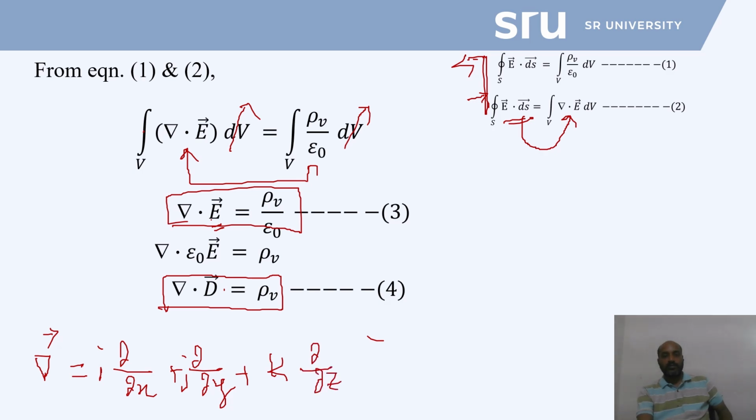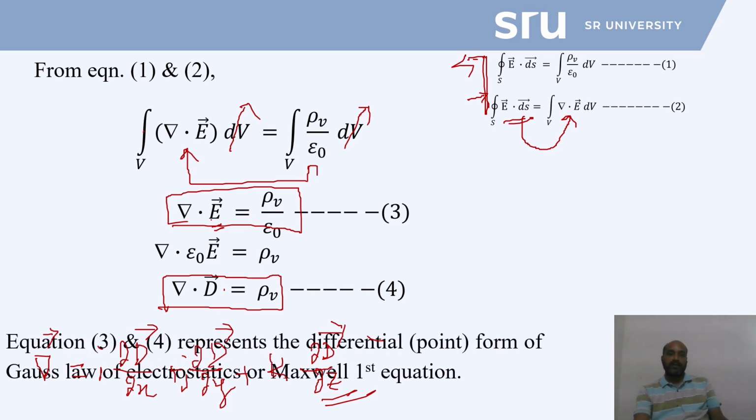If it is with a dot product, then dou Dx by dou x, dou Dy by dou y, dou Dz by dou z. So here is the differential form. So we have given the Gauss law of electrostatics both in integral form as well as the differential form. Now we'll see the applications.